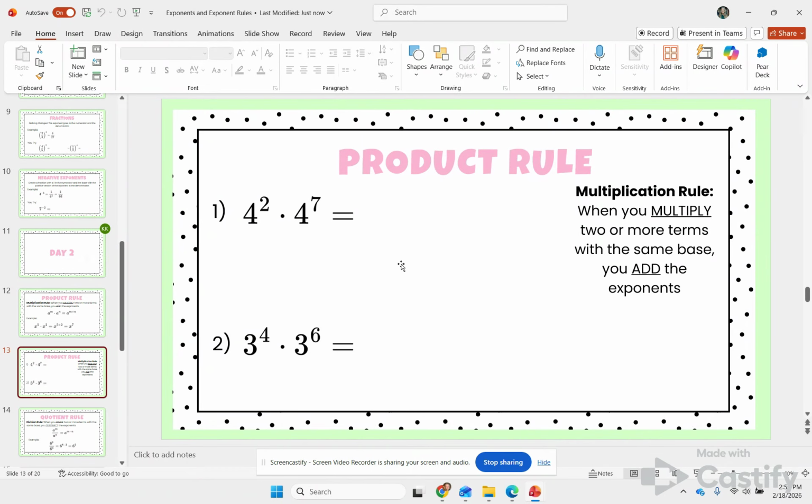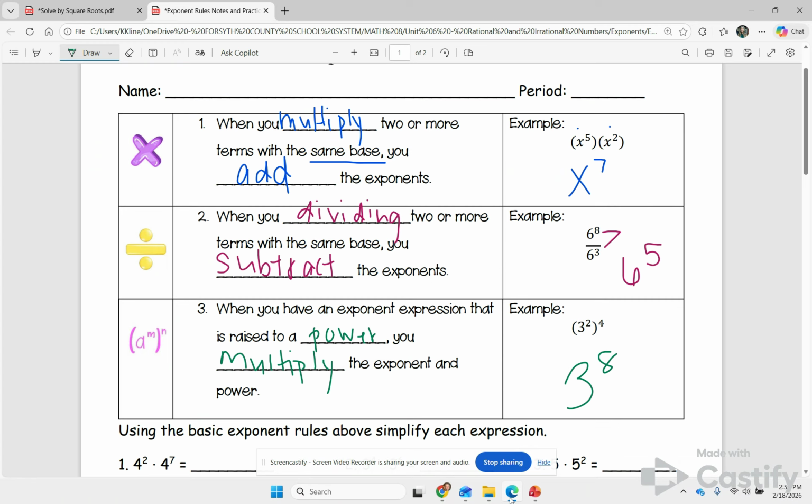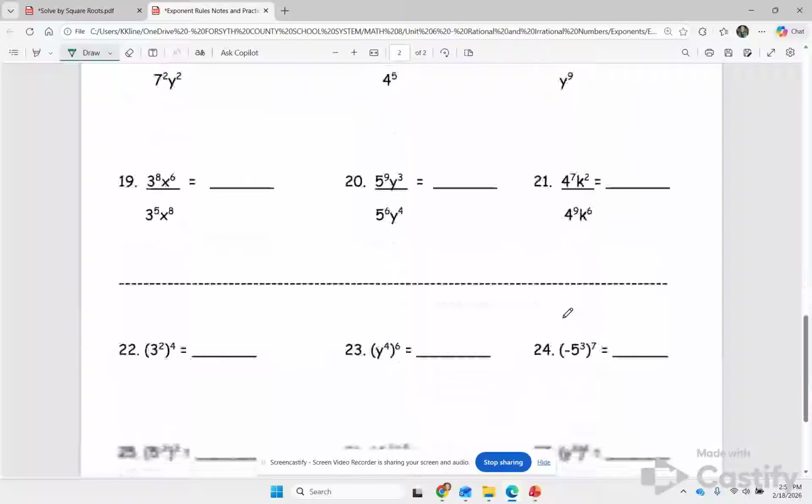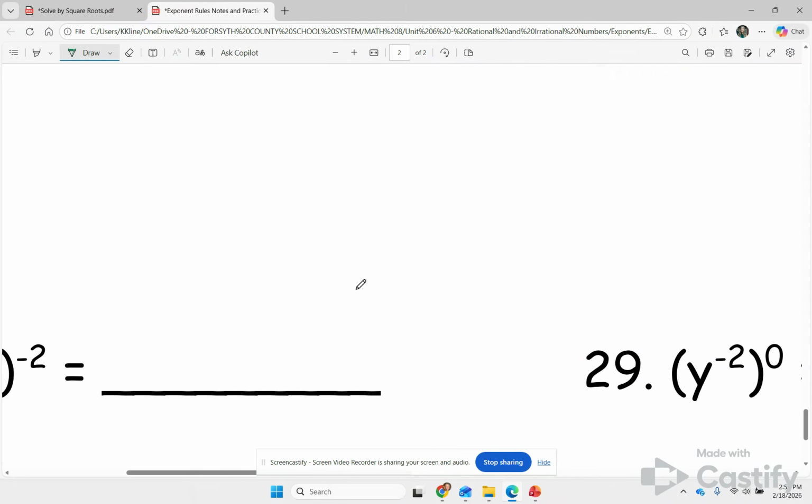If you ever have numbers in front, let me show you what I mean by this. So let me just do an example somewhere. Let's say you had 5x squared times 4x to the 4th power.